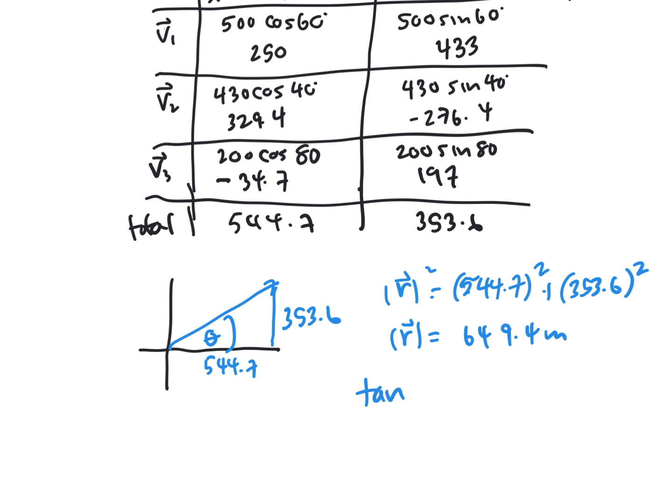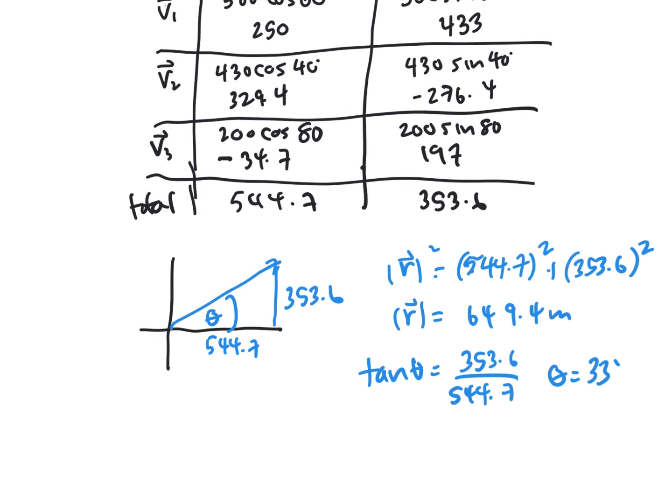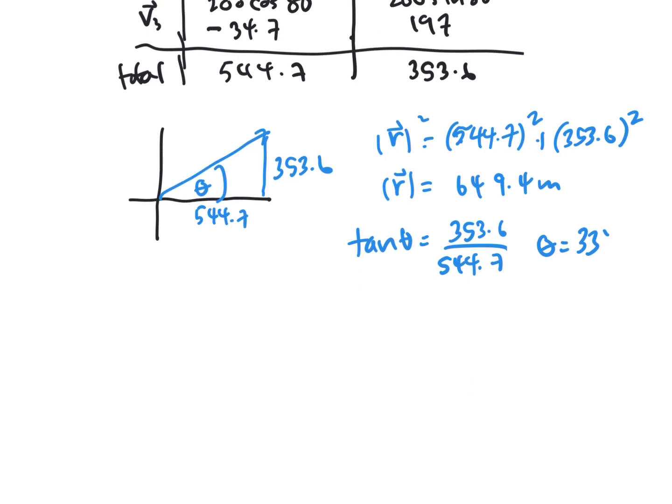And then the angle, we'll find the direction. And that angle works out to be 33 degrees. So if this is 33, then this angle with north is going to be 57. And so our resultant in quadrant bearing would be north headed 57 degrees towards the east.